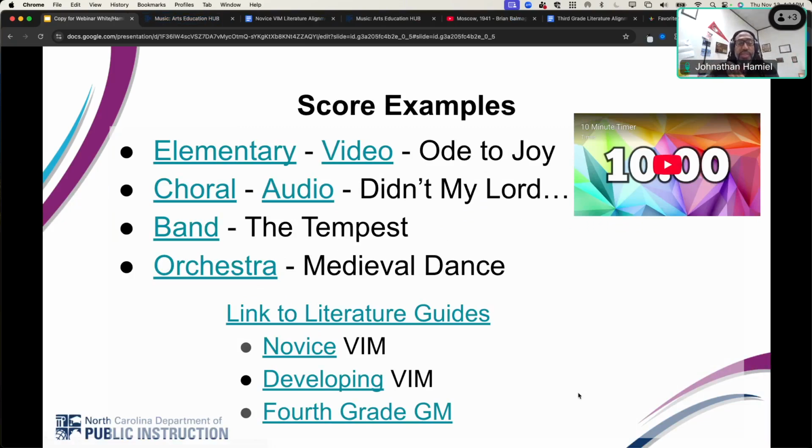Click whichever one you're going to use. You have novice, you got developing, you got fourth grade. So the elementary is fourth grade. Am I right, Christy? All right. The choral, band, and orchestra is the VIM, novice, and developing. So I would click those. Band is definitely novice, choral is developing, and orchestra is novice.